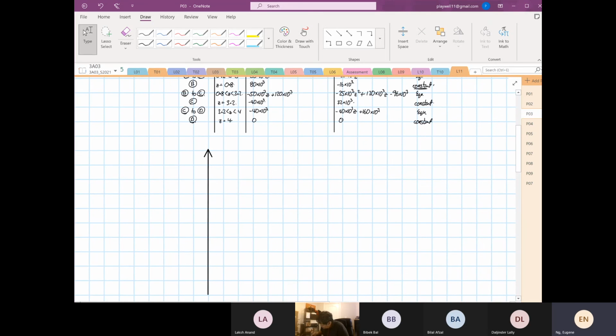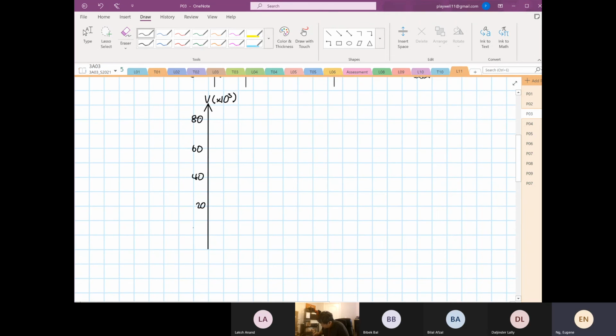So shear force: this is 80, 60, 40, 20, 0, minus 20, and then minus 40. We don't need to go beyond that.